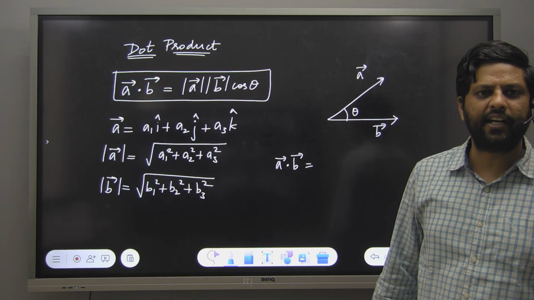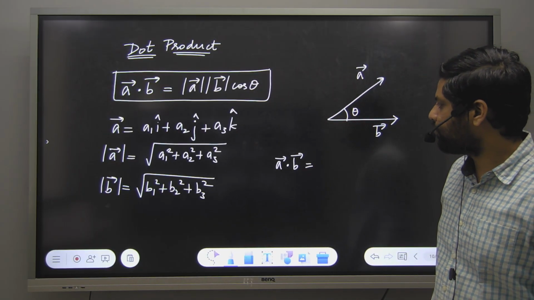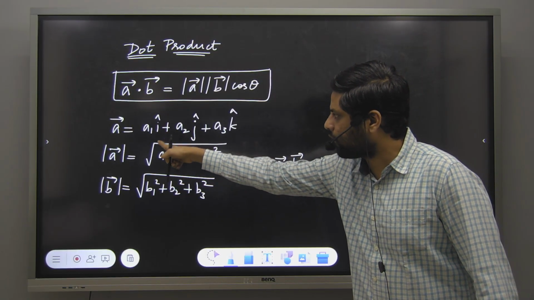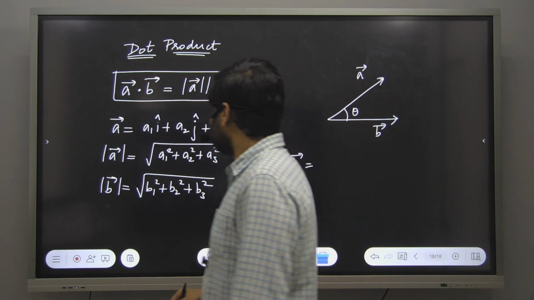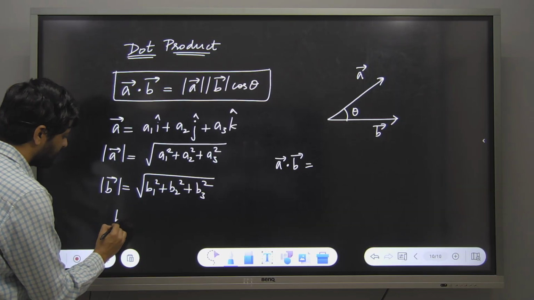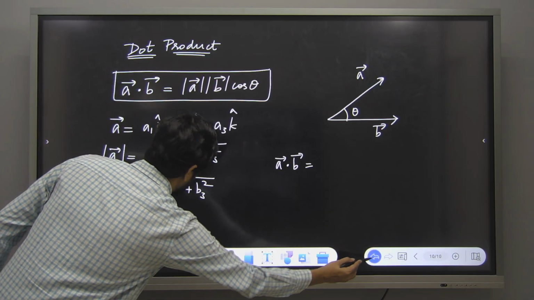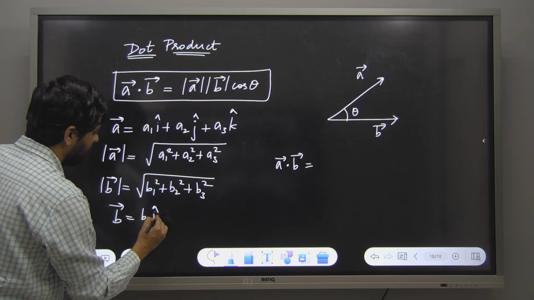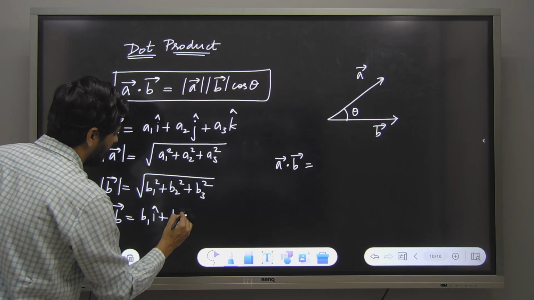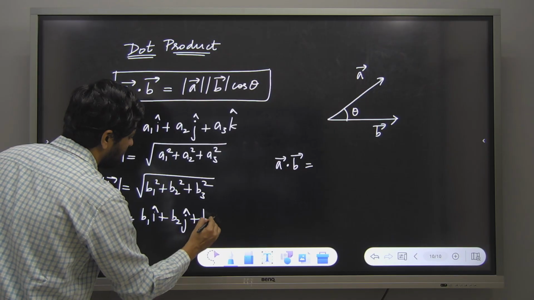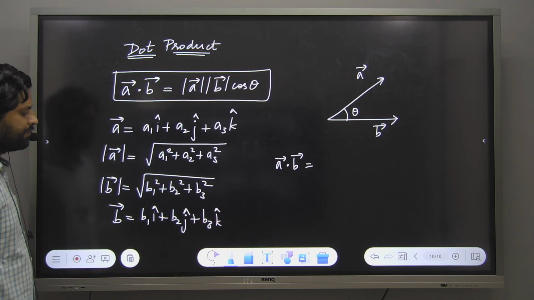I can write one more formula. What is one more formula? The component form. I did not write what vector B is. Say vector B is B1 i cap plus B2 j cap plus B3 k cap.